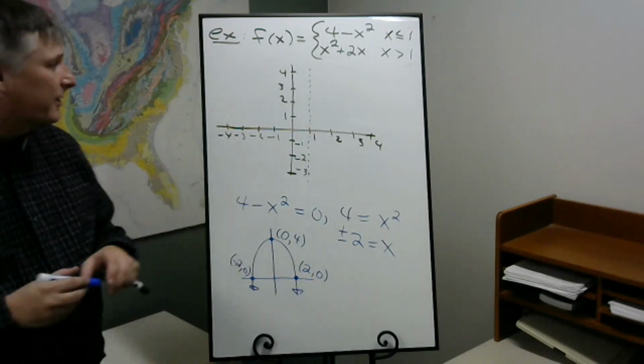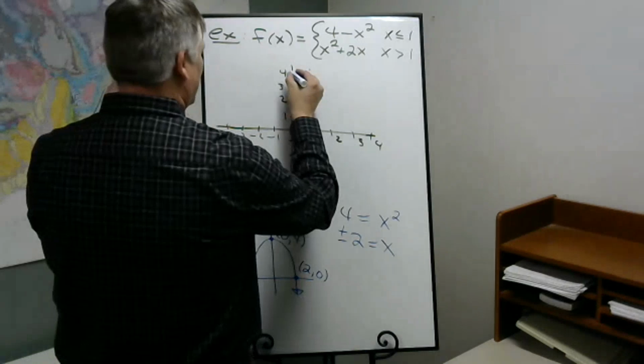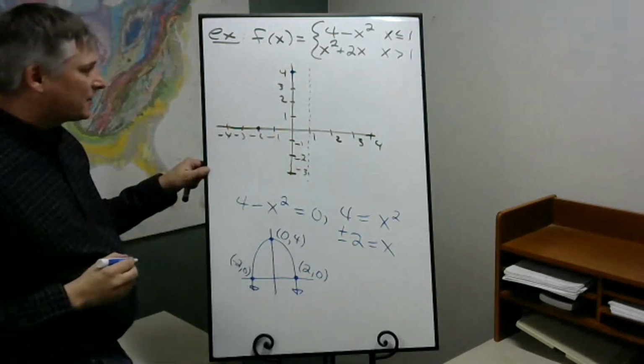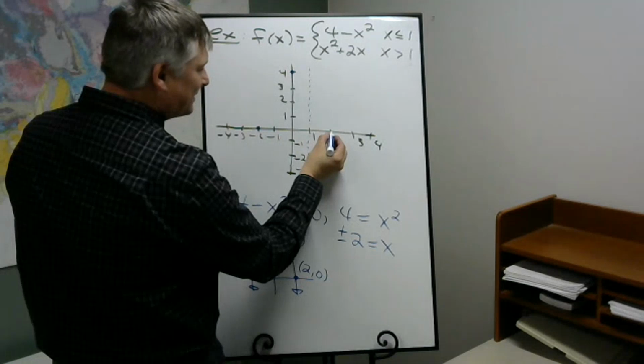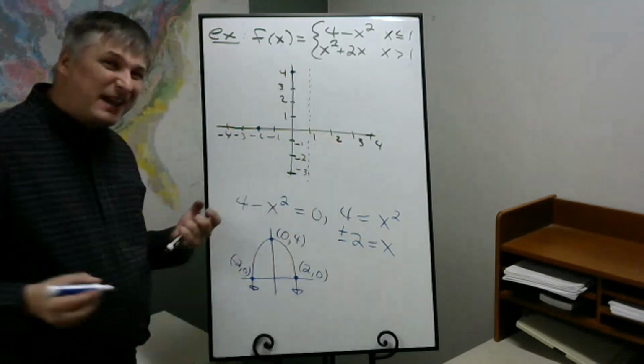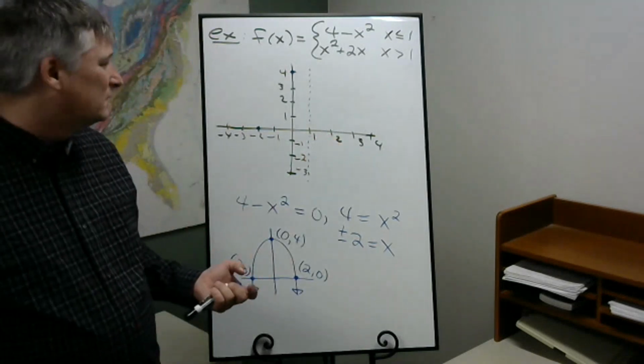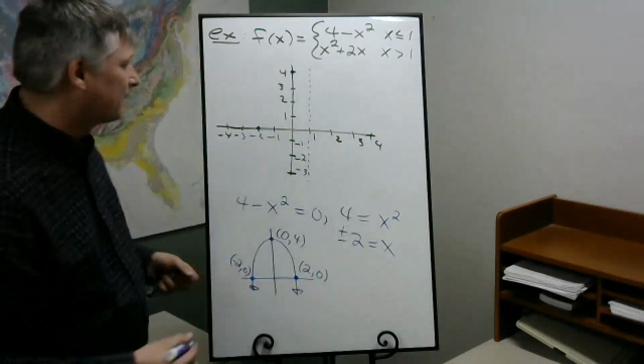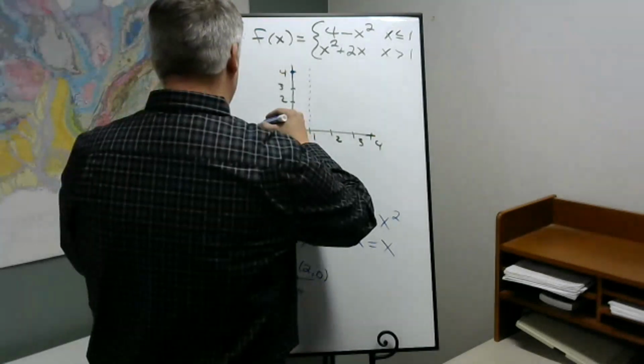So let's go back to our graph. Here's our vertex. Here's where we cross the x-axis. And we're going to cross the x-axis here, but that's in phase 2. We're not supposed to go into phase 2. We're supposed to be limited to phase 1. So we can do this.